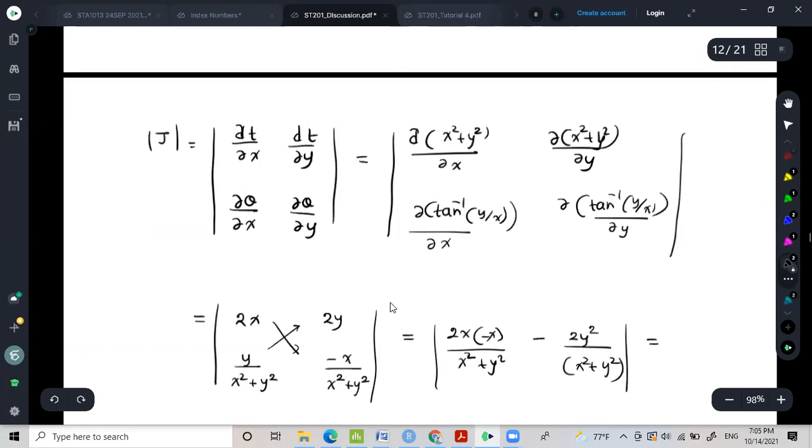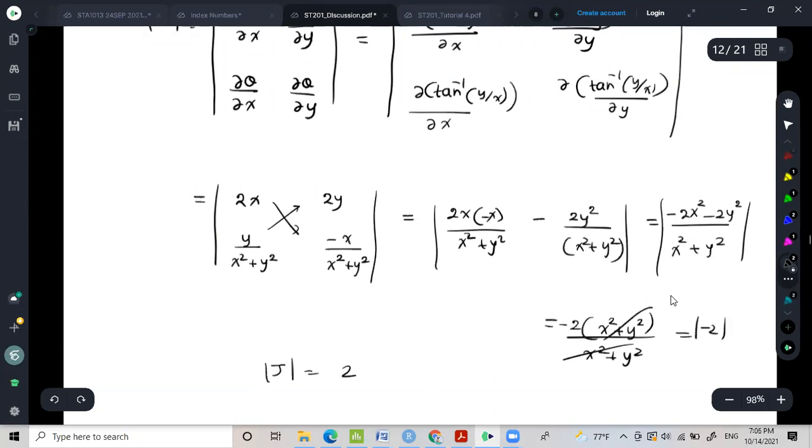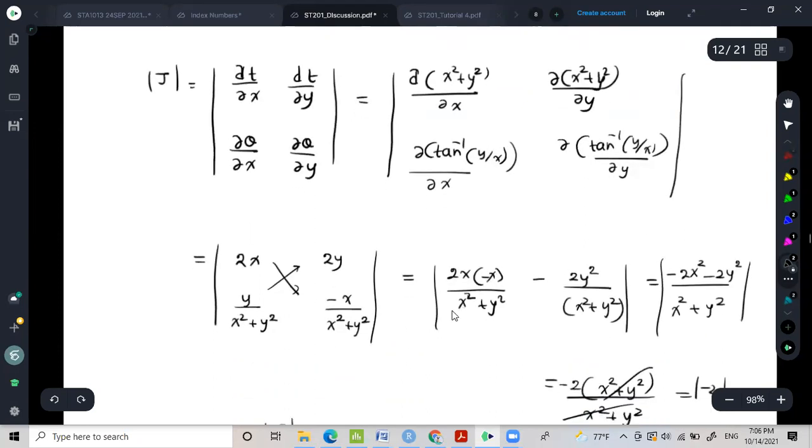If you take the common denominator, you get negative 2x square minus 2y square over x square plus y square. The denominator cancels, and this is the absolute value. So the Jacobian is negative 2, absolute value, so you get 2. Now look at this leisurely, go back to your trig notes, and check this one.